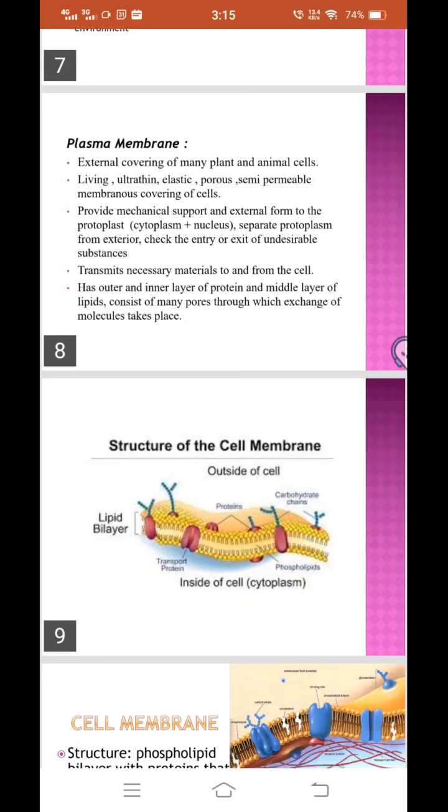Now this plasma membrane is living, very thin, ultra thin. It is elastic in nature. It is a porous, semi-permeable, membranous covering of the cell, so it is the external covering which protects the cell from the external environment.